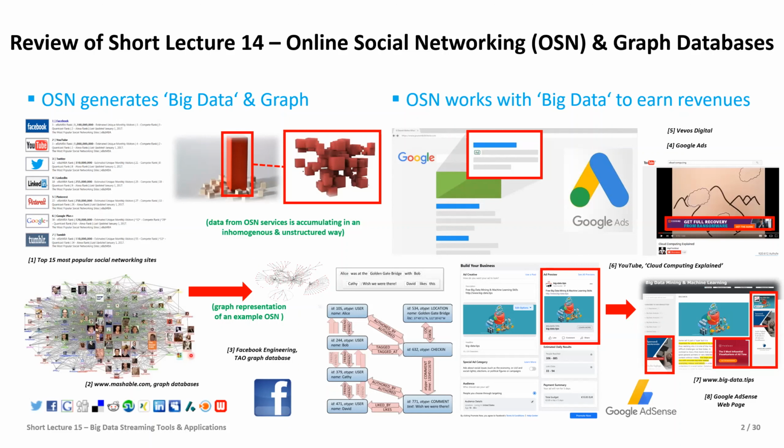So in this sense, the Facebook engineering people have described a little bit how they do it with a TAO graph database. The way to better understand this is the interesting graphic that we had the last time. You would say nodes can be users, but also nodes can be a comment or a specific event, like a check-in to some specific location, which might be the Golden Gate Bridge.